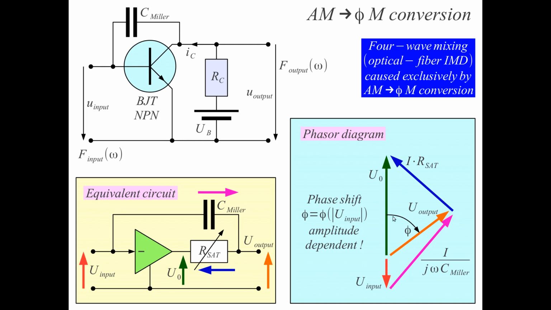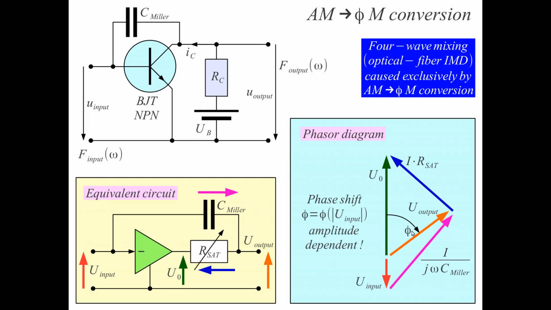Now the phase angle of the output signal is changing, and also the amplitude a little bit. Of course, saturation changes the amplitude of the output signal. But this phasor diagram is not drawn to scale. This feedback is small, so most of the output signal is still provided by the amplifier, and it mainly generates a phase shift.